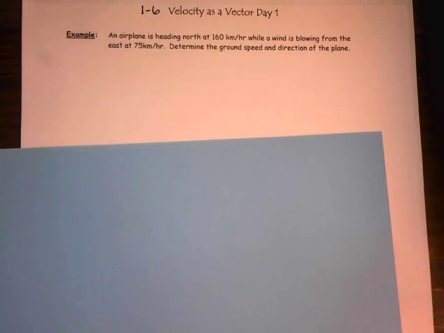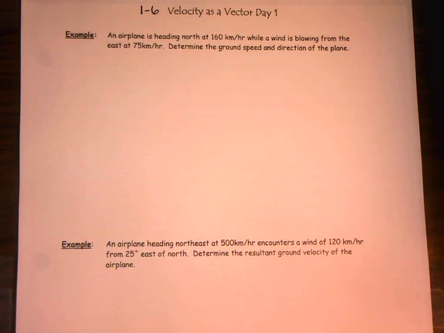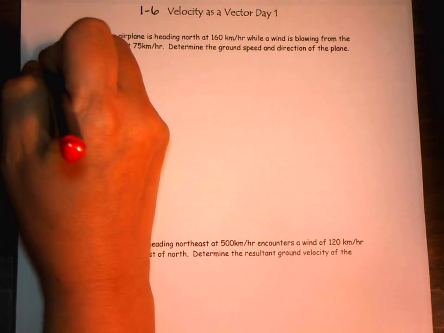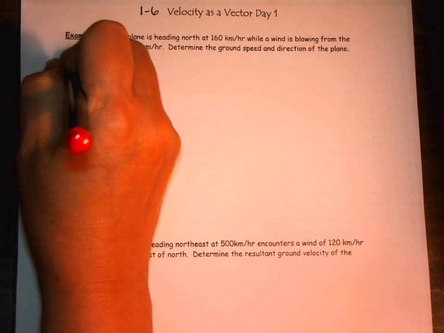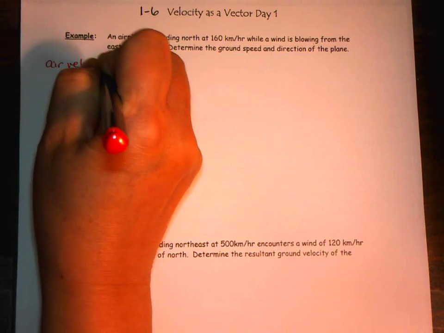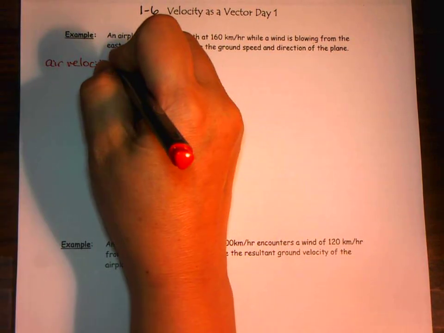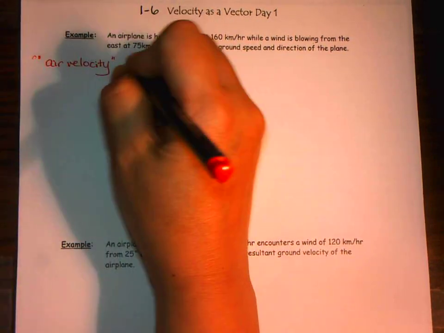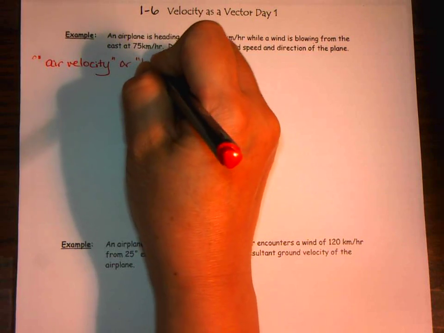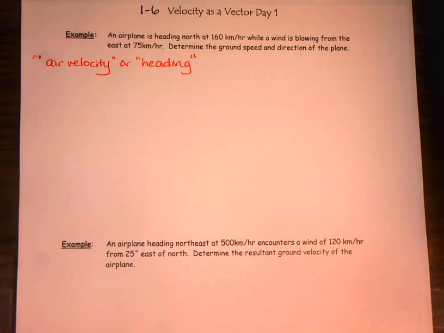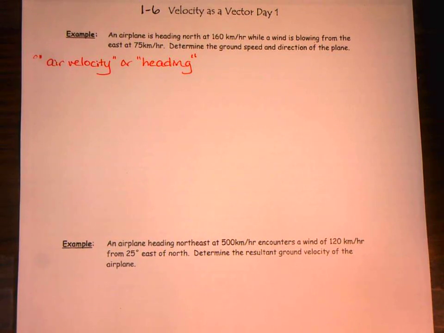So there are a couple of definitions that we have to write down first. And the first one is heading or air velocity. So when we talk about air velocity or heading, these refer to the direction in which the vessel is steered.